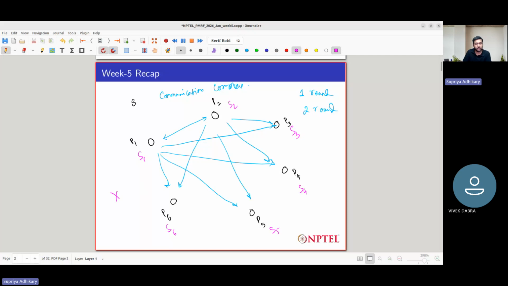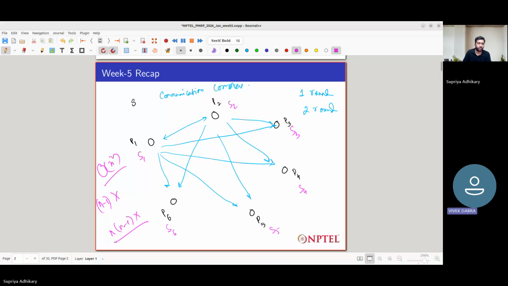Now if P1 is sending S1 to each and every one of the other parties, then the data communicated by P1 is n minus 1 times X. Similarly, if P2 sends his share to each and every one of the other parties, that will again be n minus 1 times X. If we consider all of the parties and the amount of data communicated inside the network, that should be n times n minus 1 times X, which is order of n square.